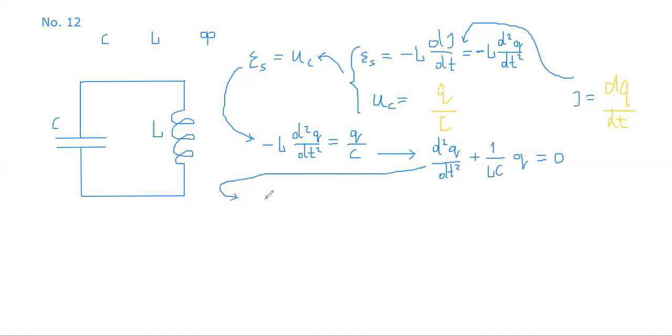And finally we have the differential equation: d2q by dt2 plus omega 0 to the power of 2 multiplied by q is equal to 0, where omega 0 is the natural frequency, equal to 1 divided by the square root of LC.